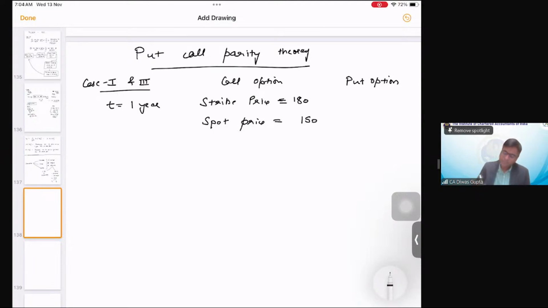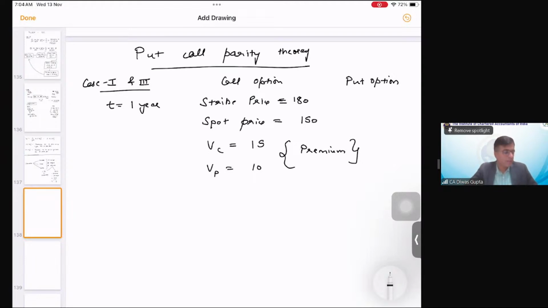The value of the call option is, let's say, 15, and the value of the put option, let's say, 10. Please note students, this is the premium. The value of a call or a put option is the premium, right?